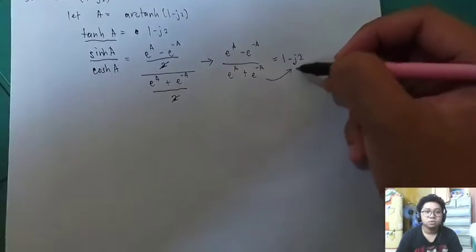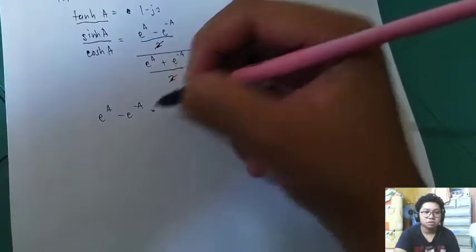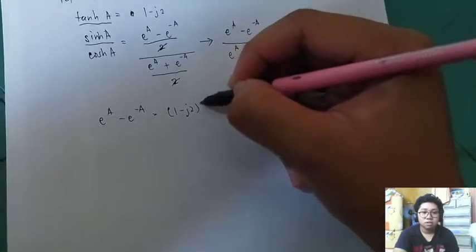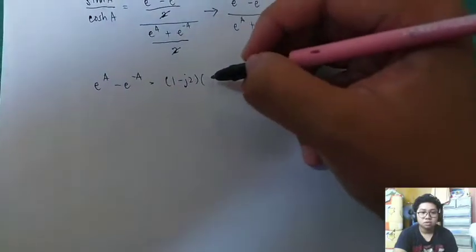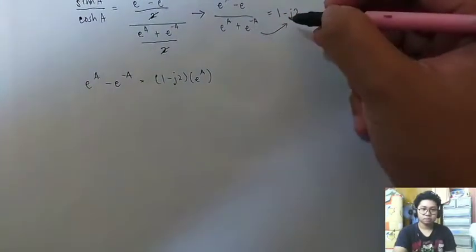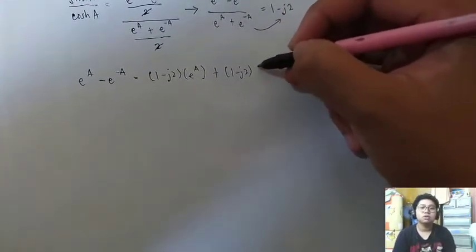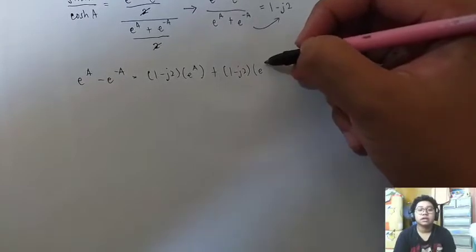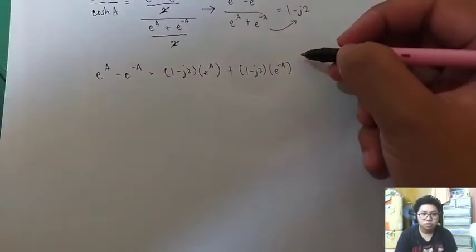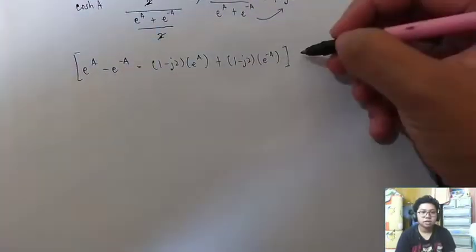Then we will cross multiply, that is e raised to a minus e raised to negative a equal to 1 minus j2 times e raised to a plus 1 minus j2 times e raised to negative a. Then we will multiply both sides by e raised to a.